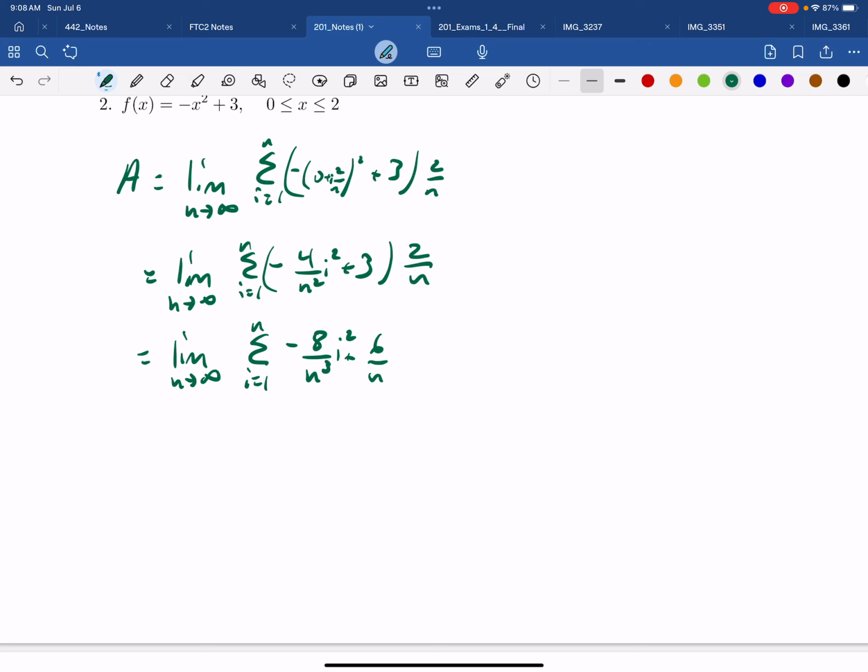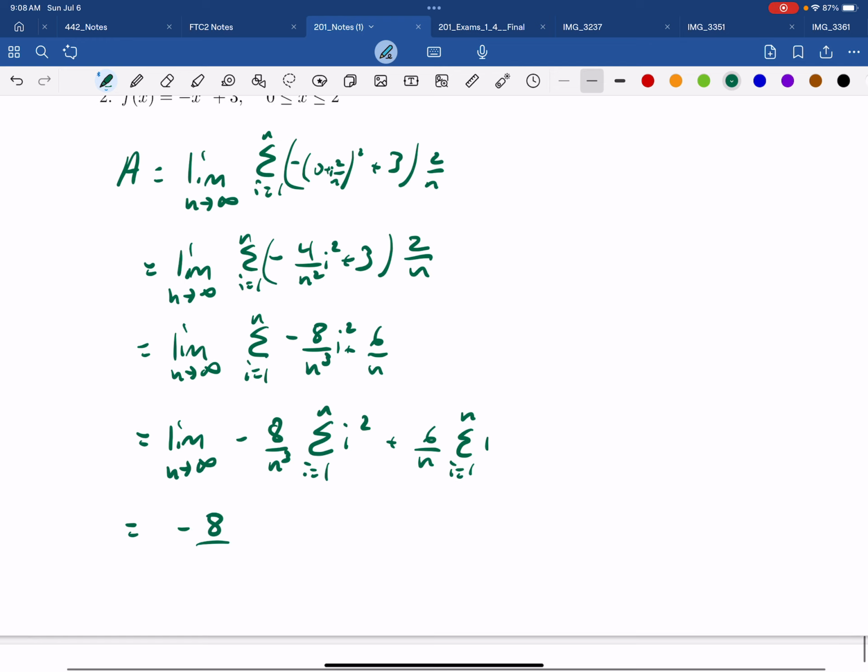All right. And then we get the limit as n approaches infinity of, let's see if we can reduce stuff at this point. We can take out the non-i stuff. And we wind up getting this.